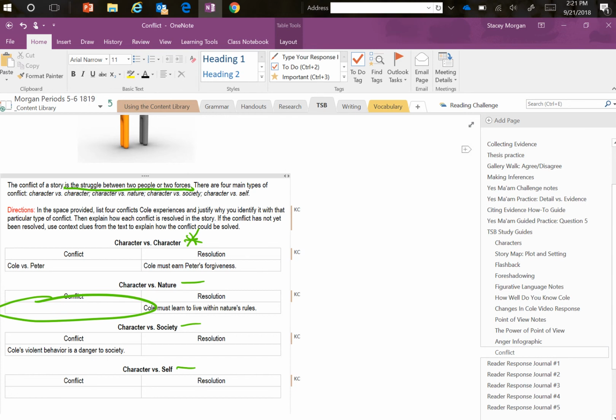So he's breaking laws, he's robbing and trashing hardware stores, he's beating up people, and we just can't have that. So society has stepped in, they put him in a detention center, they were going to go to trial, but then Circle Justice came, he applied to that. And so really it's kind of Cole versus Circle Justice that is our character versus society conflict. And really, you're probably sensing a theme here.